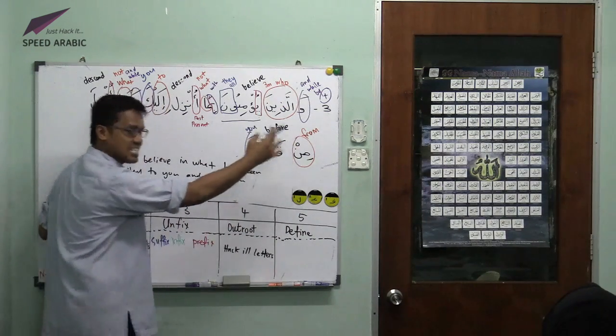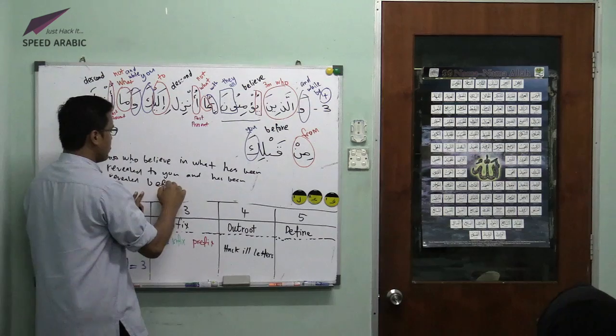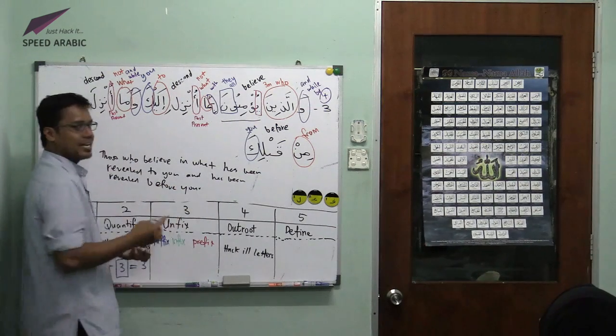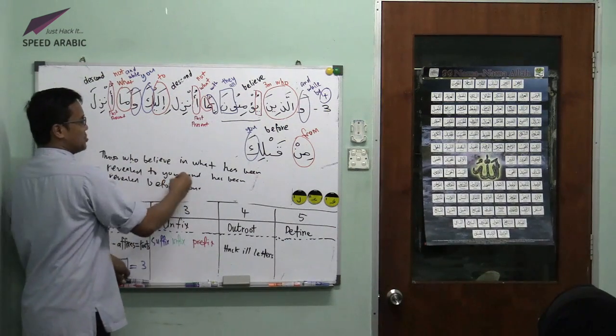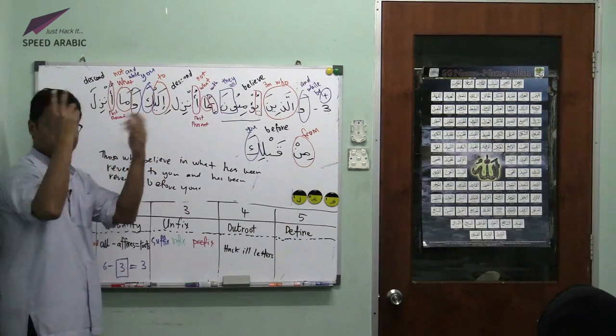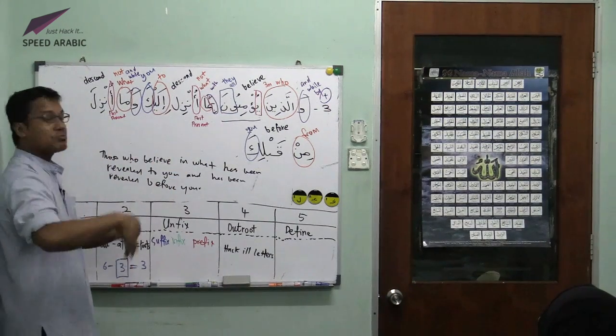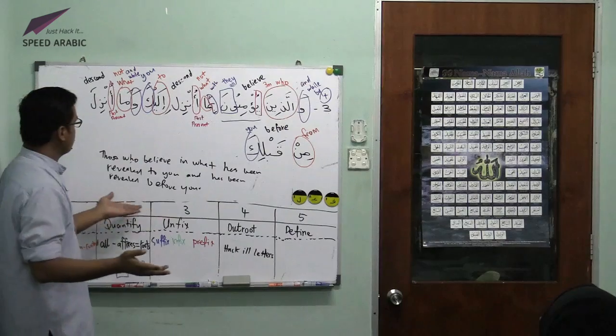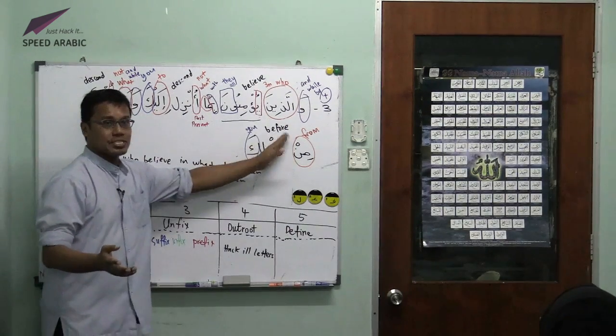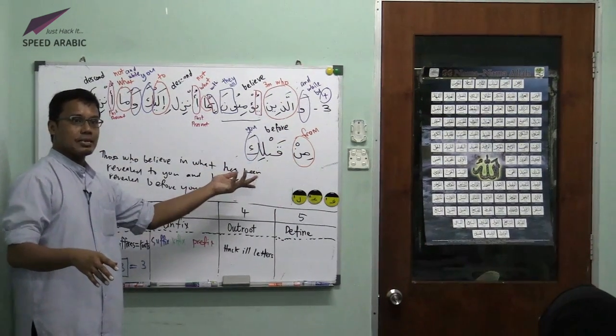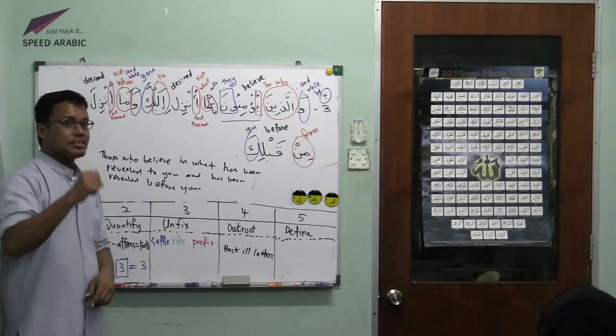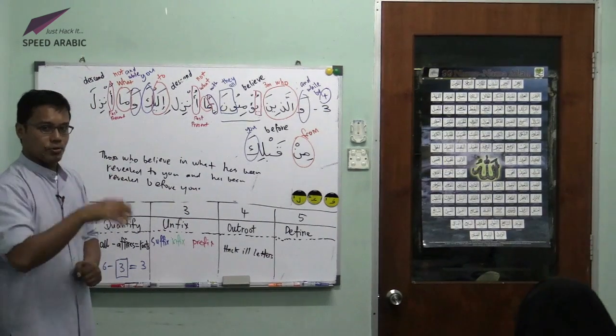So from is redundant in that sense. Before you. You see? So once you try to do it, you know, benda tu keluar. To those before you. Or to those before you. Because there's no those here, so you don't really write. It's from, so it's from someone. Yeah, so that's brushing up lah. You just put your own.